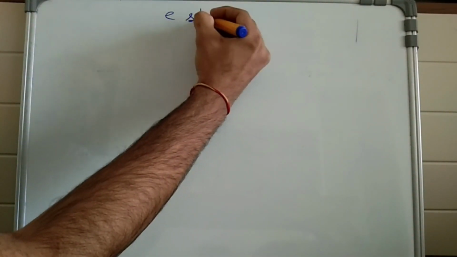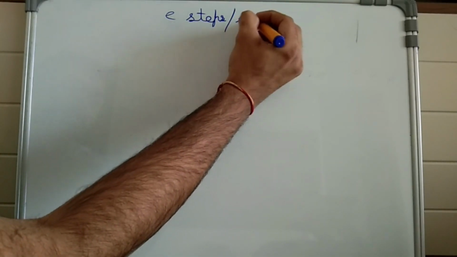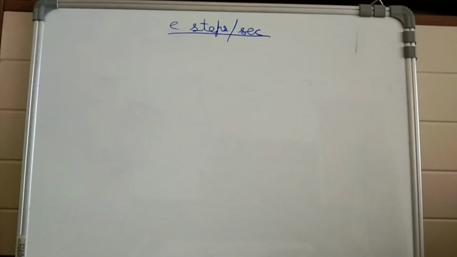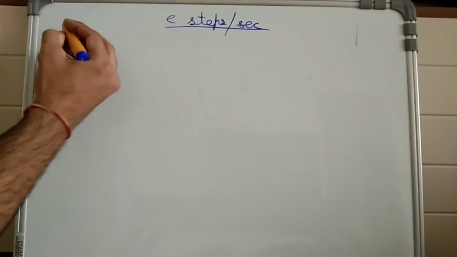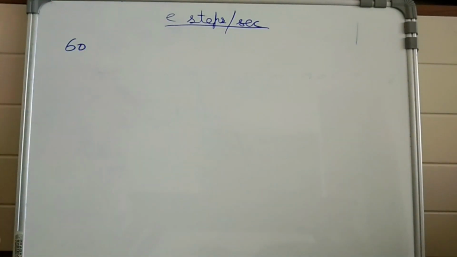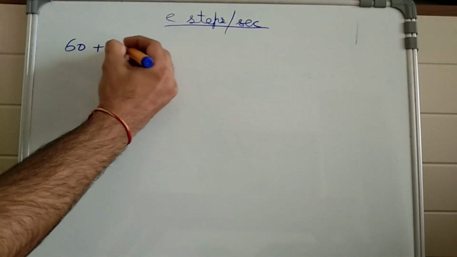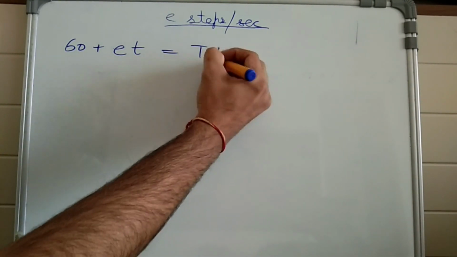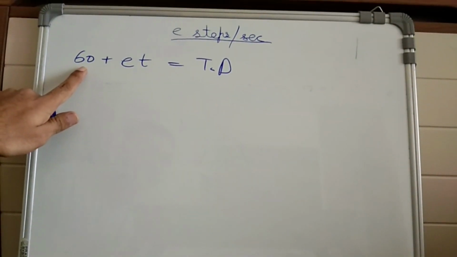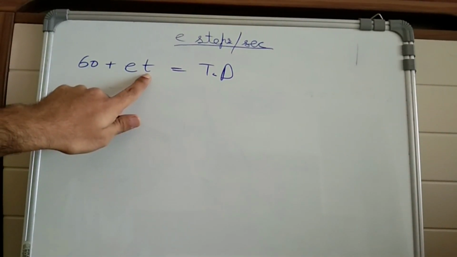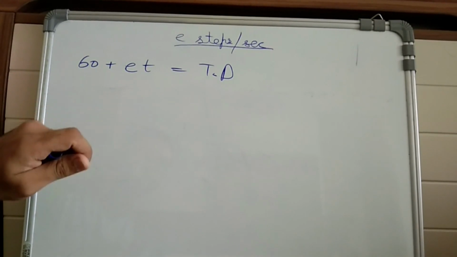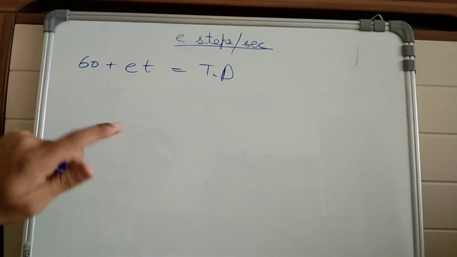So in this question, I will assume the escalator speed to be e steps per second. This is the speed of the escalator. Okay, so let me write down the first equation, that is 60, that is the steps taken by B, plus et is equal to total distance. 60 is the steps taken by B and e is the speed of escalator taken in time t, because I have assumed that t is the time the person B is moving from top to bottom.